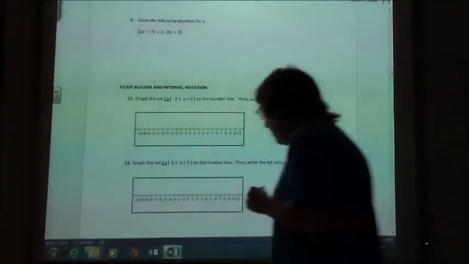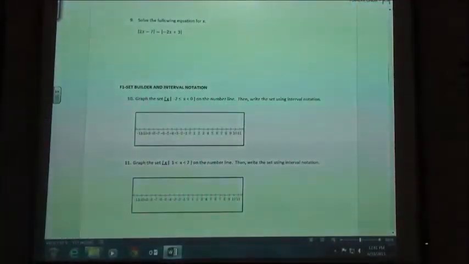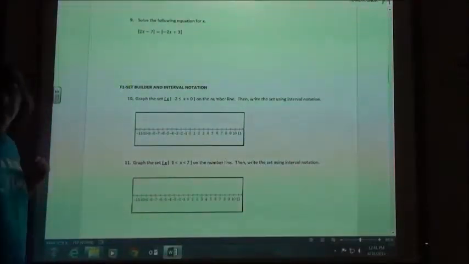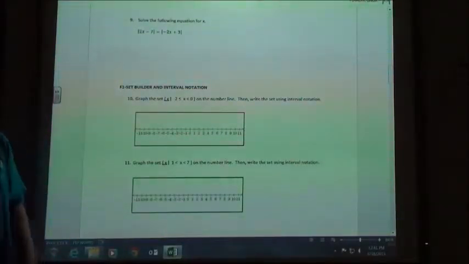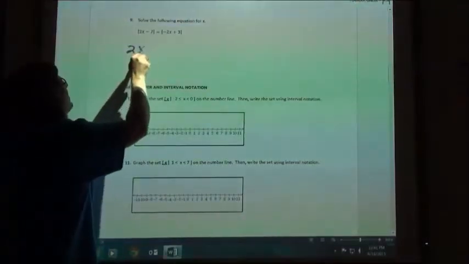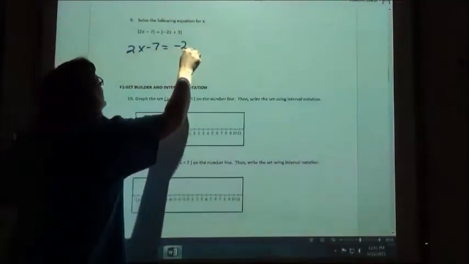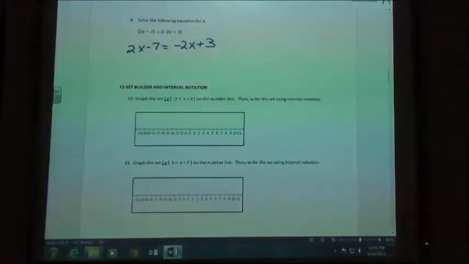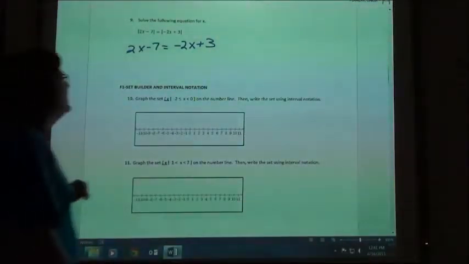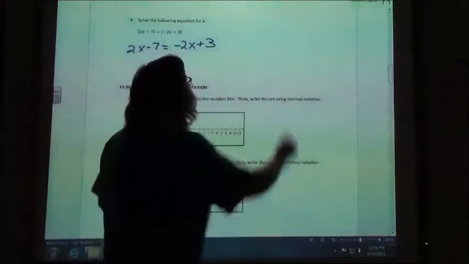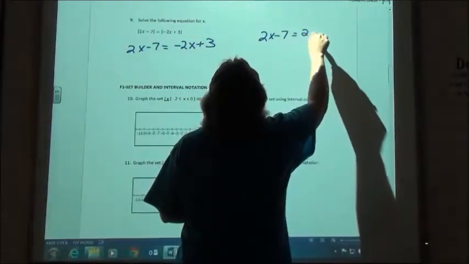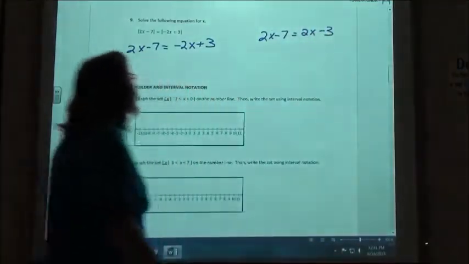So number 9, if I'm going to write down my two equations, my first equation would be 2x minus 7 equals negative 2x plus 3. My second equation would be 2x minus 3, right?